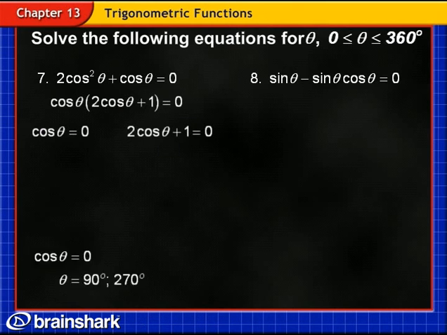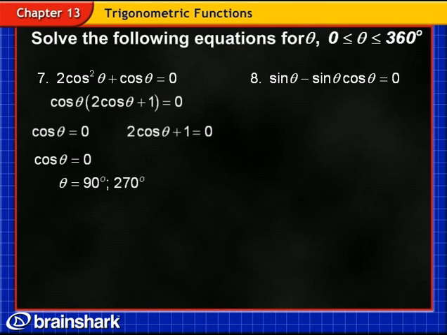Cosine of theta is 0 at 90 and 270. 2 cosine theta plus 1 equals 0 means that cosine theta is equal to negative 1/2, after I subtracted 1 and divided by 2. Cosine is negative 1/2 at 120 and 240. So I have 4 answers to this problem: 90, 270, 120, and 240.